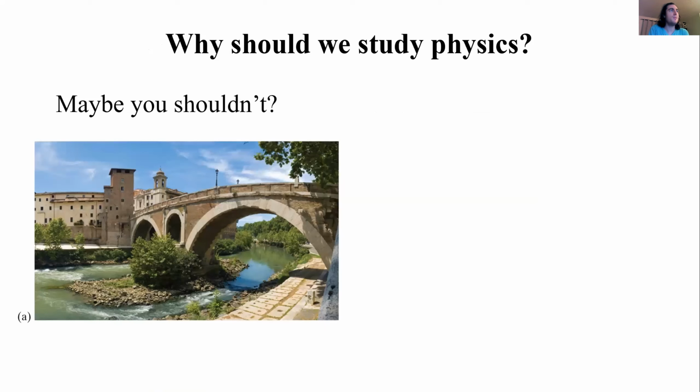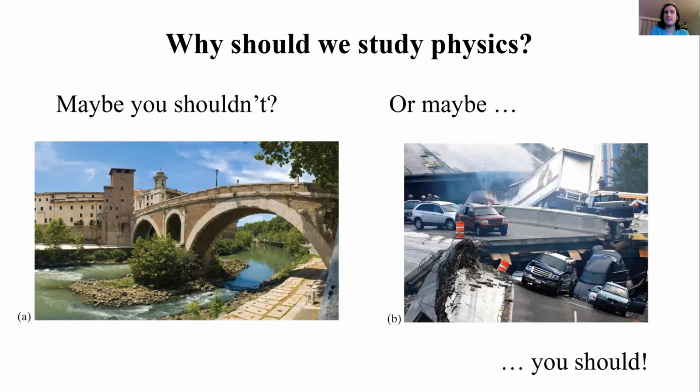Okay. Why should we study physics? Well, maybe you shouldn't study physics. Maybe physics is not right for you, and you can go about your life happily ever after, right? But maybe physics is something you should study, and we should understand physics at the societal level. It should be a baseline level of understanding that everybody understands a little bit of physics, so that things like this don't happen, right?